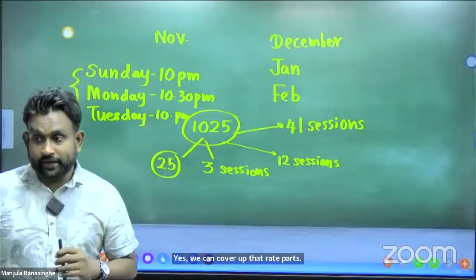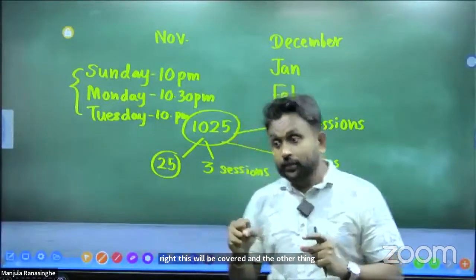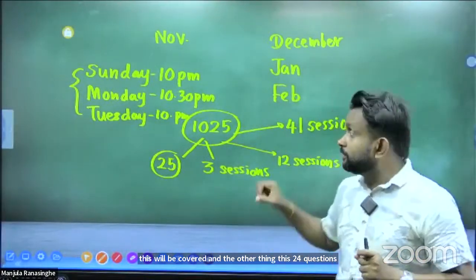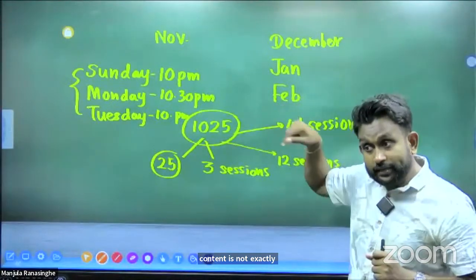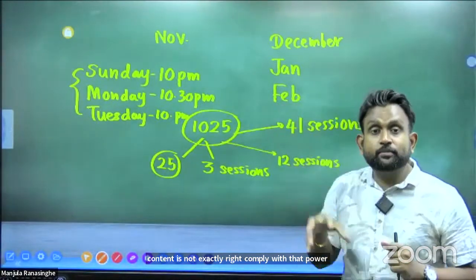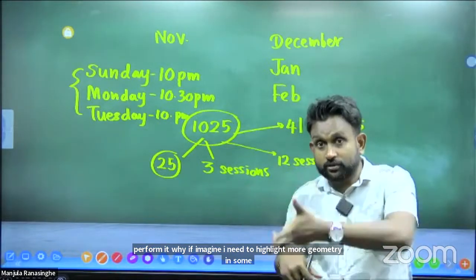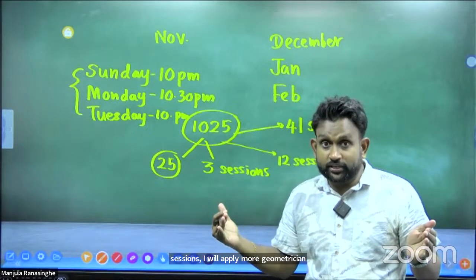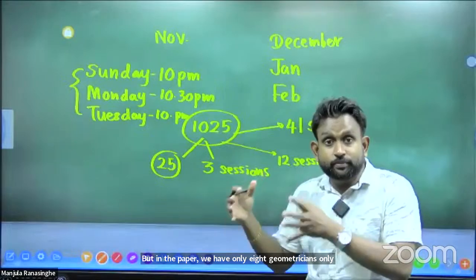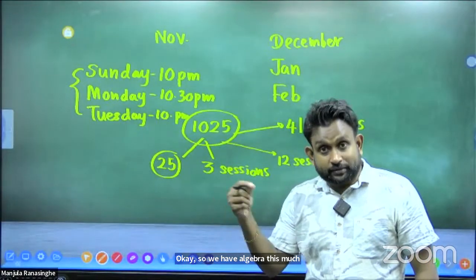This will be covered. And another thing, these 25 questions do not exactly comply with our paper format. Why? If I need to highlight more geometry in some sessions, I will apply more geometric questions. But in the paper, we have only 8 geometry questions, and algebra has its standard number of questions.